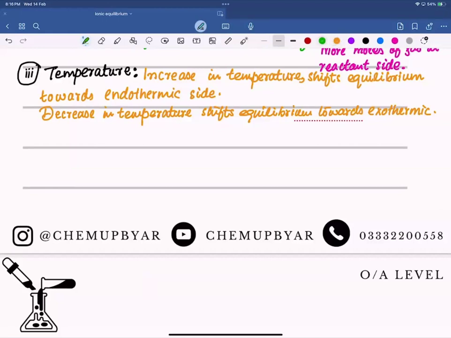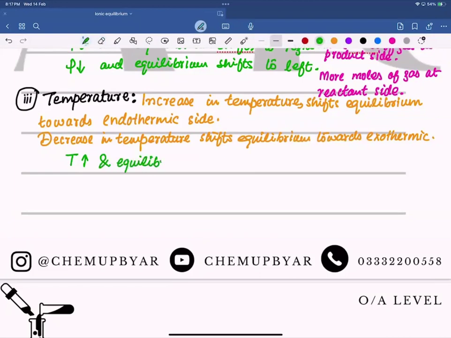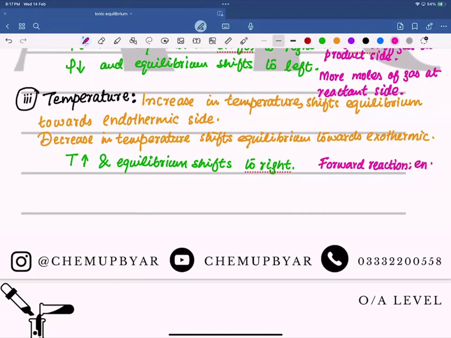So now what conclusions can we make? If we increase the temperature and equilibrium shifts to the right, which means towards the product side, it will make more product. So it clearly indicates that the forward reaction is endothermic.